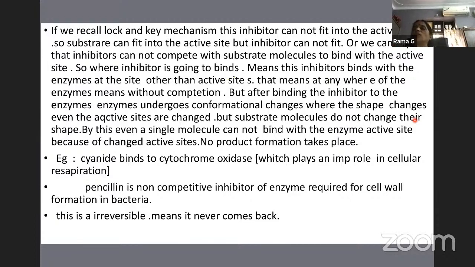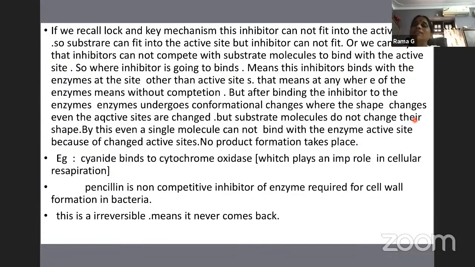So first of all, substrate molecules and inhibitor molecules are both there. The substrate molecule occupies the active site of the enzyme, but inhibitors cannot take that position on the enzyme because of their irregular shapes, which do not resemble the shape of the active sites of the enzyme.